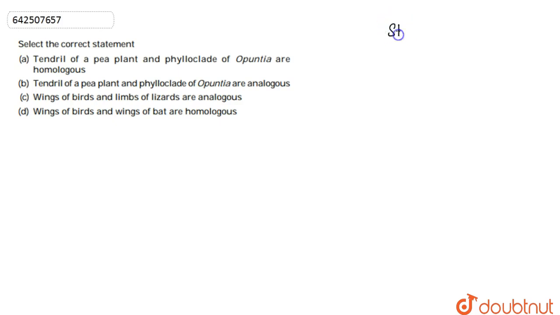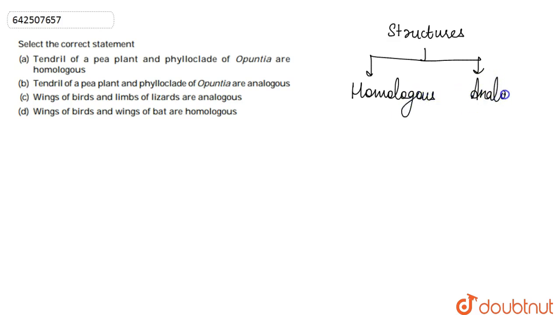Basically there are two types of structures: homologous and the analogous. If we talk about them one by one, homologous organs are those structures that have the same basic design, but they differ in function.